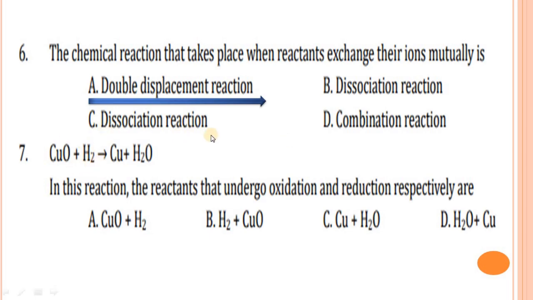So here, in this reaction, H2, that is hydrogen gas, reacts with oxygen and forms H2O. So H2 undergoes oxidation, and in CuO, copper oxide, copper loses the oxygen atom and becomes copper. So CuO undergoes reduction. So the correct answer is H2 undergoes oxidation and copper oxide undergoes reduction. So B will be the right answer.